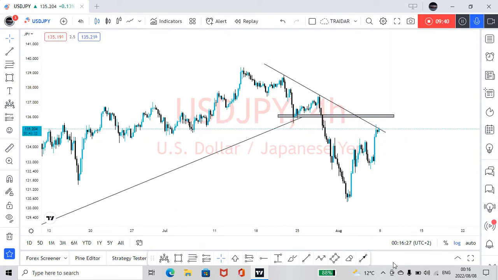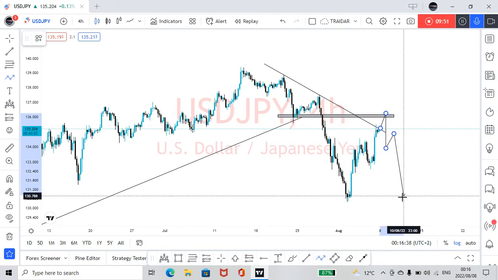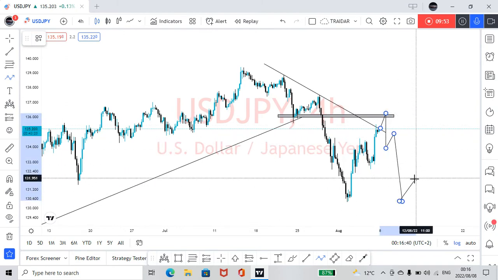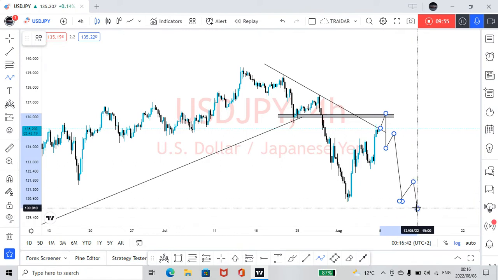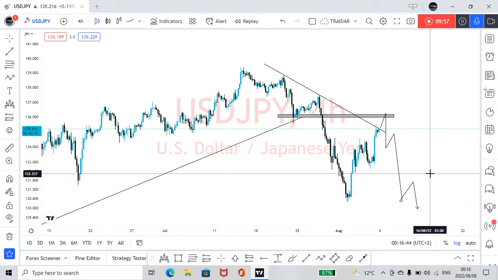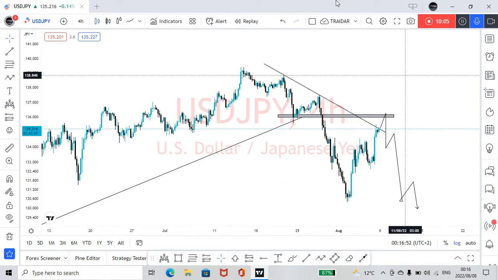So what might happen, the market can just tap to this area and close back below, right? The market can just come to this area, tap, and then continue its move all the way to the downside, right? This is what might happen. But obviously, I don't move the market, but this is possible to me, right?